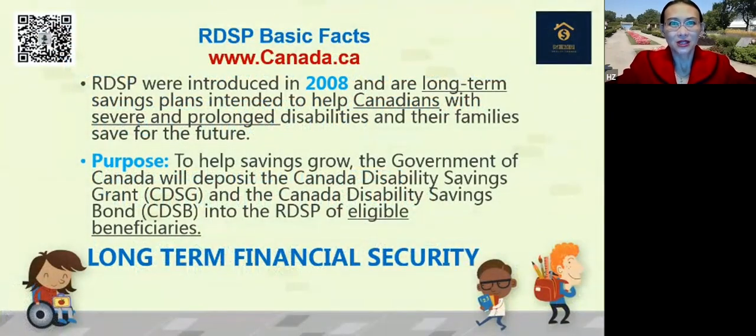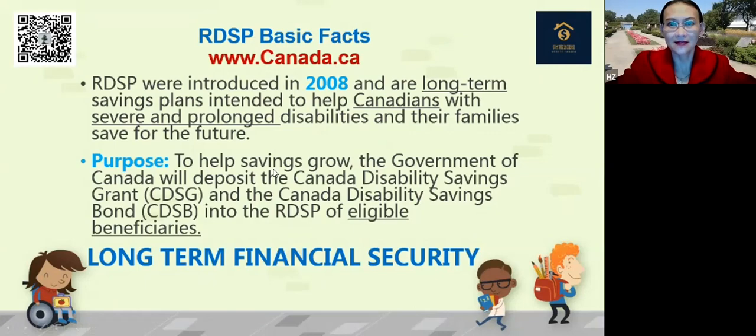And so let's go to Canada.ca. This is the basic facts about RDSP. It was introduced in the year 2008, and this is a long-term savings plan intended to help Canadians with severe and prolonged disability and their family to save for the future. What's the purpose of this account?